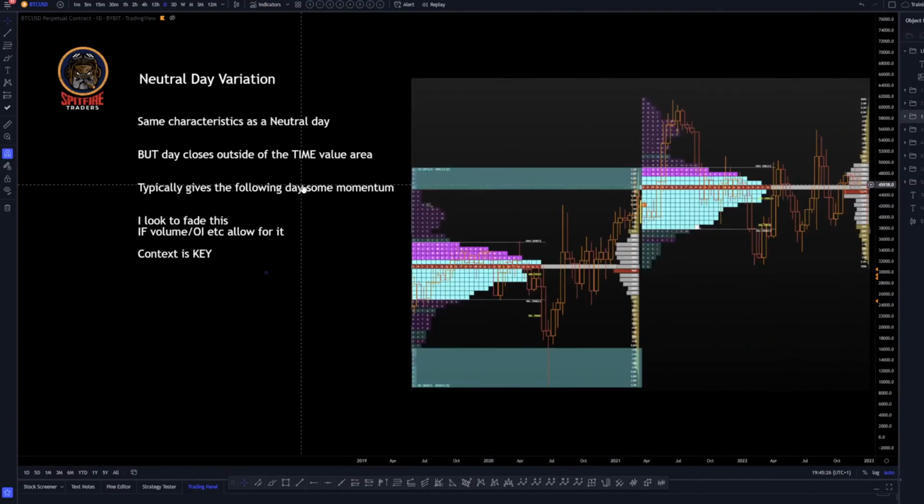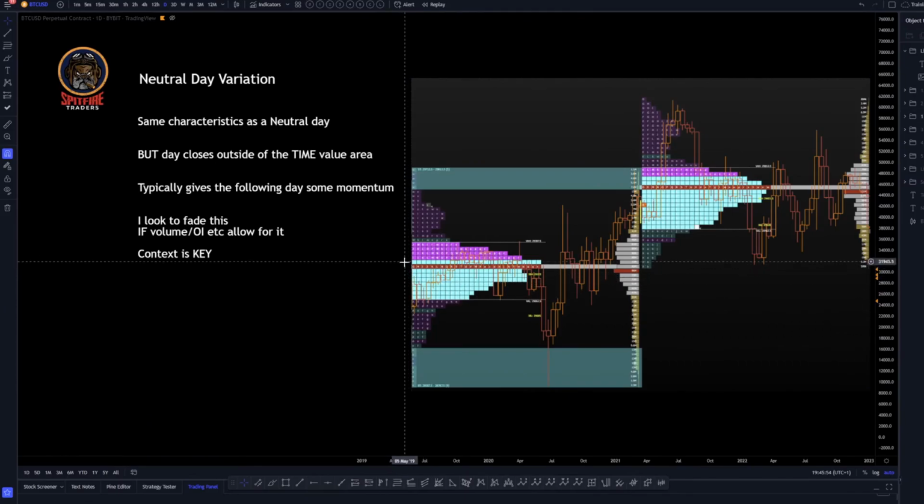Now this is a variation of the neutral day. The characteristics are near as damn it exactly the same. The only difference is the day closes outside the time value area. In fact, for some reason my software has chopped this off. So the initial balance, by the way, on this one is about here.